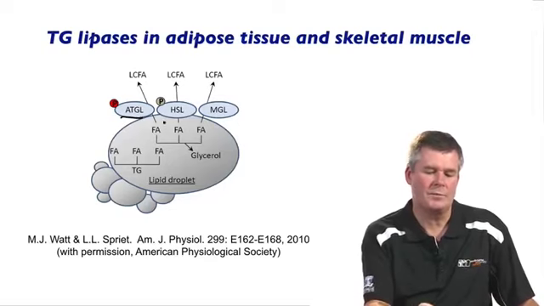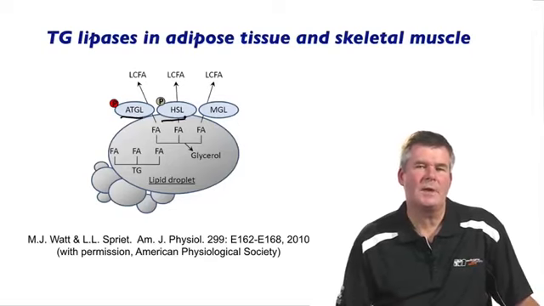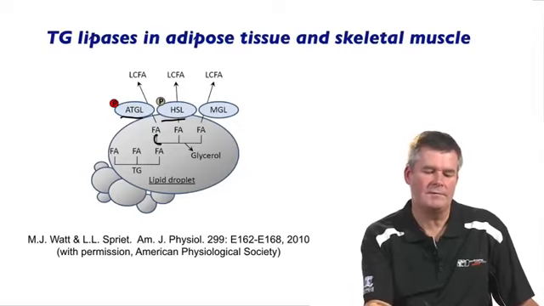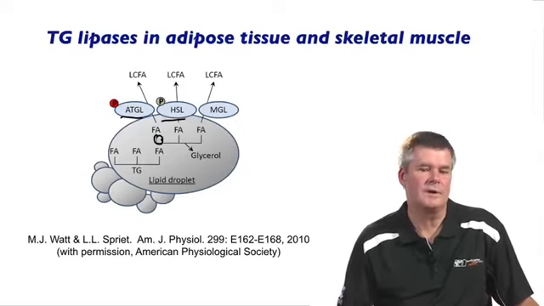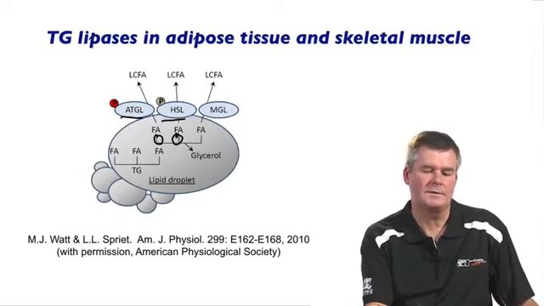The second important enzyme is a lipase known as hormone-sensitive lipase, and as the name implies, it's regulated by a number of key hormones. It's been shown that in the breakdown of triglycerides, ATGL is primarily involved in breaking down triglycerides, and the hormone-sensitive lipase seems to attack the diglycerides.